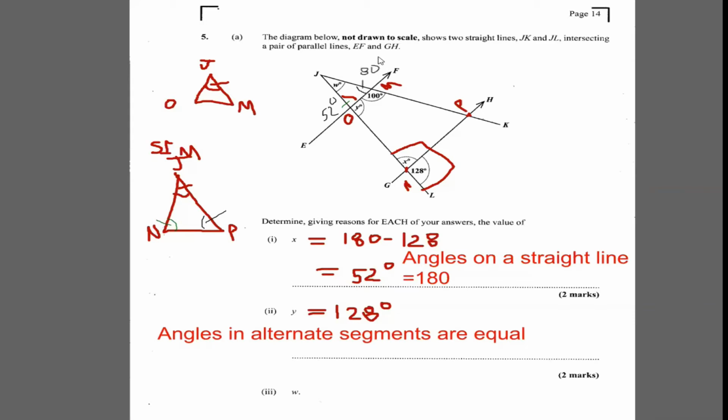Now, if that angle right there is 80 degrees, angles in a triangle is 180. And so we're getting 80 plus 52 plus W is 180. So now we're able to find W.